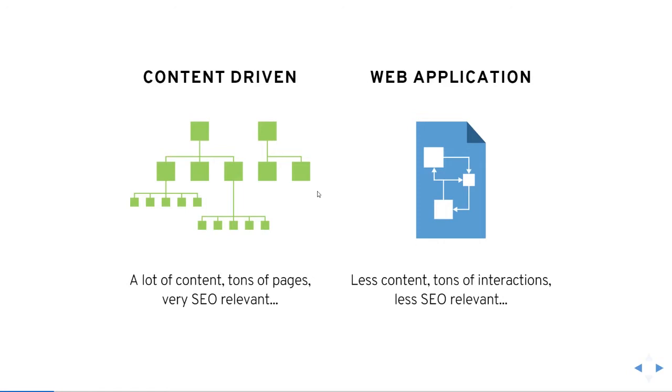And web applications, they have really another nature, right? They provide less content, but the content is very dynamic. They have tons of interaction. You can interact with the application, and they have different states, and you can drag and drop things around. And they're less SEO relevant, right? Because usually you are locked in when you use the app, or it's behind a barrier somehow so that Google should not index it anyway.